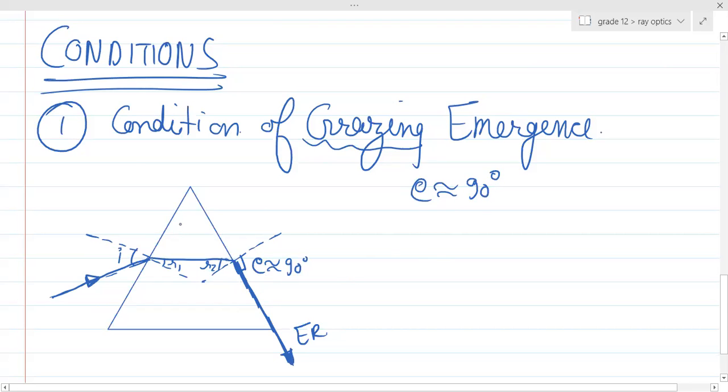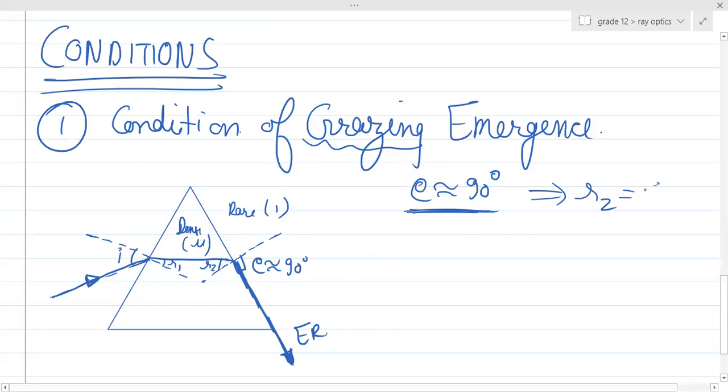We know the light ray was going from denser to rarer medium, right? This was air, this was mu. So can anyone tell me, if this angle is 90 degrees, what will be the value of R2? Will R2 be the critical angle?